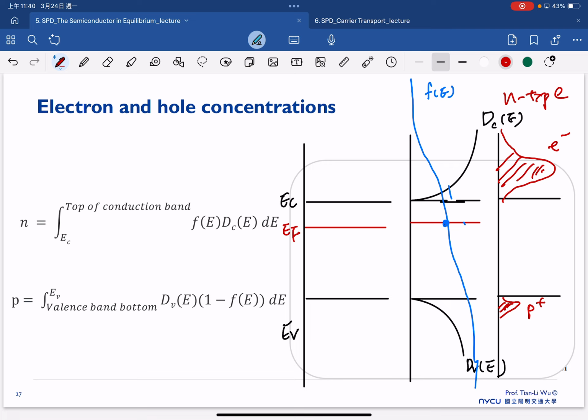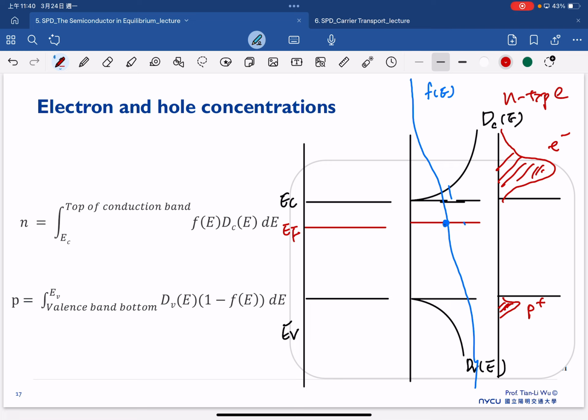That means your EF shifts up, and once your EF shifts up, your overlap area is increased. Then in the end, your concentration is increased as well. So everything is very consistent. It just depends on which angle you try to understand from.